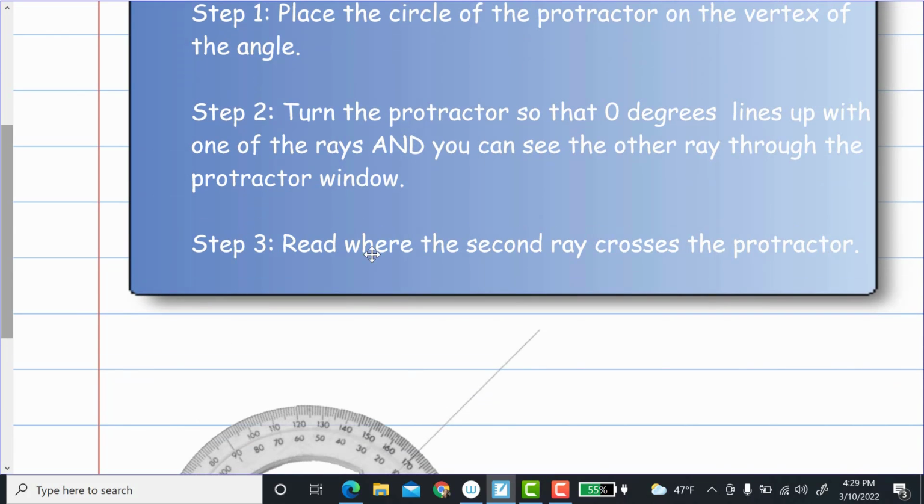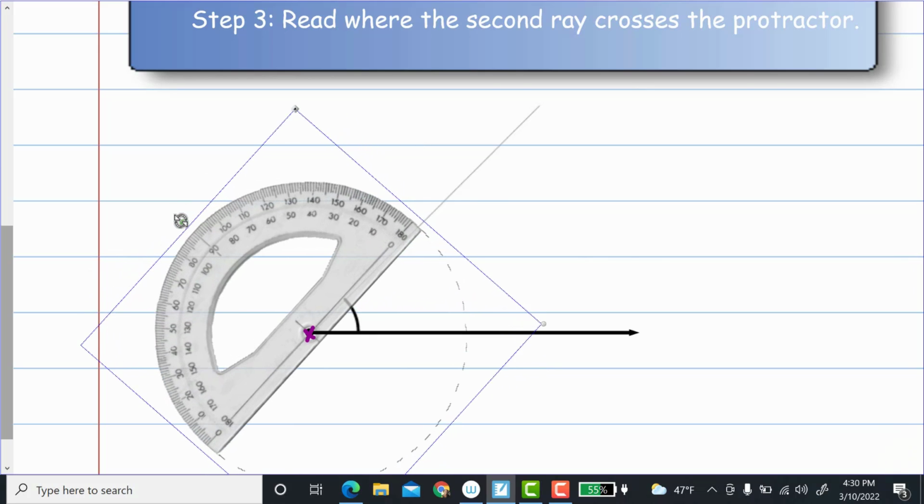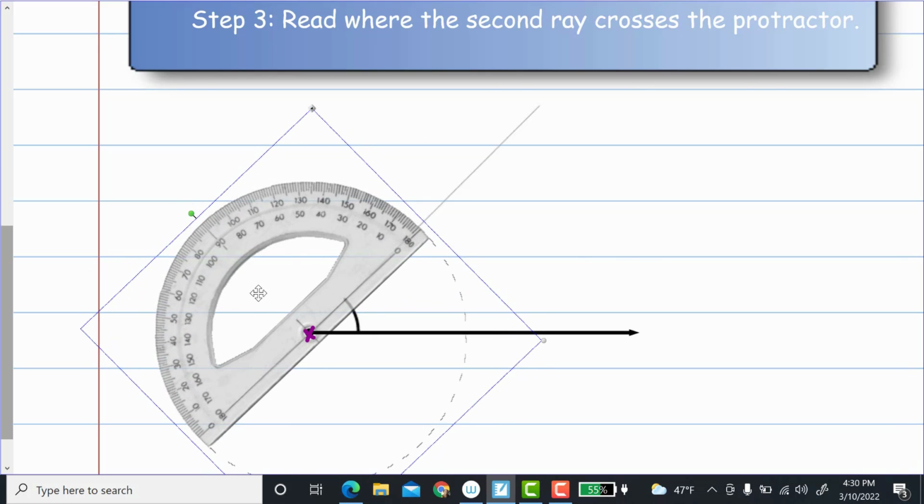Step 2, turn the protractor so that 0 degrees lines up with one of the rays, and you can see the other ray through the protractor window. So you want to line it up. You're going to rotate your protractor. You don't want to line it up this way because you don't see that other ray in the window.